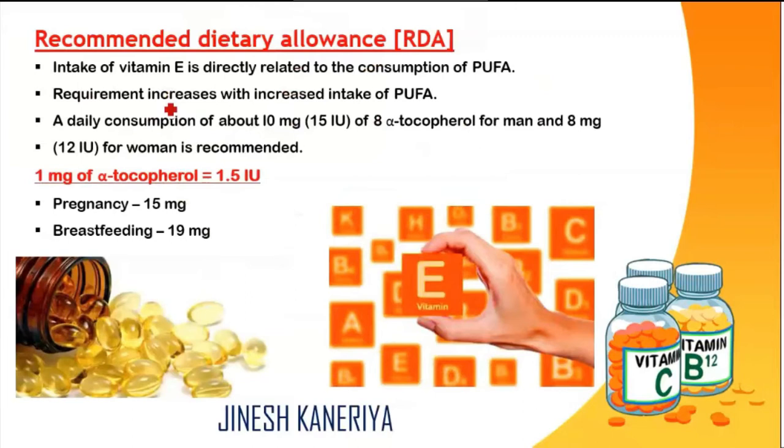The recommended dietary allowance is the particular amount required by humans on a routine day. Intake of vitamin E is directly related to the consumption of polyunsaturated fatty acids. Most sources of vitamin E are polyunsaturated fatty acids, so the requirement increases with the increase in intake of polyunsaturated fatty acids.